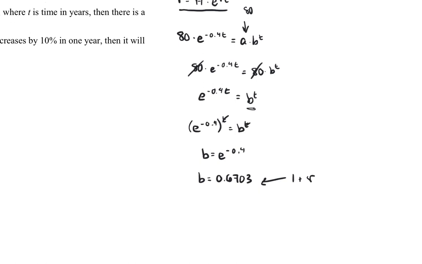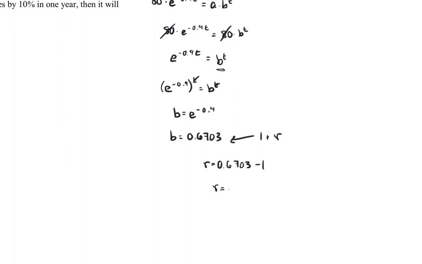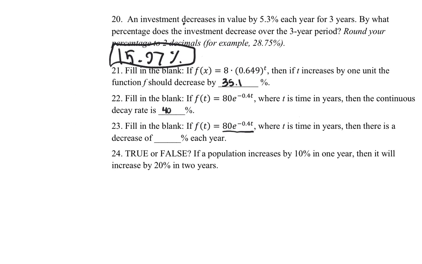So the rate on a percentage basis is 0.6703 minus 1, which gives us that the rate is equal to negative 0.330, or 33% decrease. So again, there's a decrease of 33% each year.